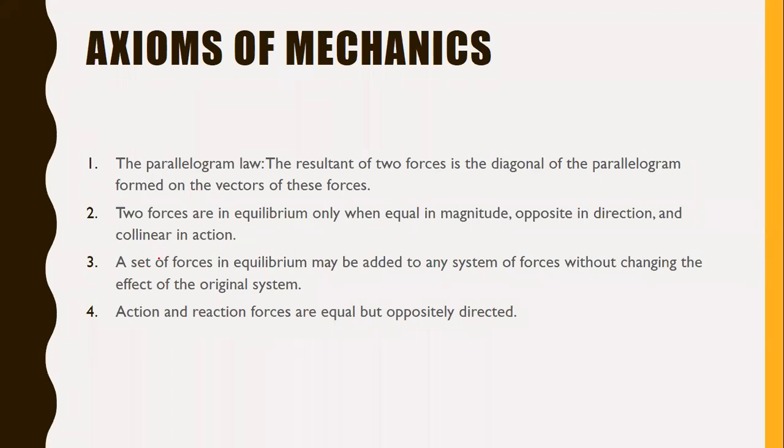Number three, a set of forces in equilibrium may be added to any system of forces without changing the effect of the original system. And number four, the action and reaction forces are equal but oppositely directed. When you say equilibrium, the summation of forces at x, all the forces lying along the x-axis, is equal to 0, and the summation of forces at y is equal to 0.